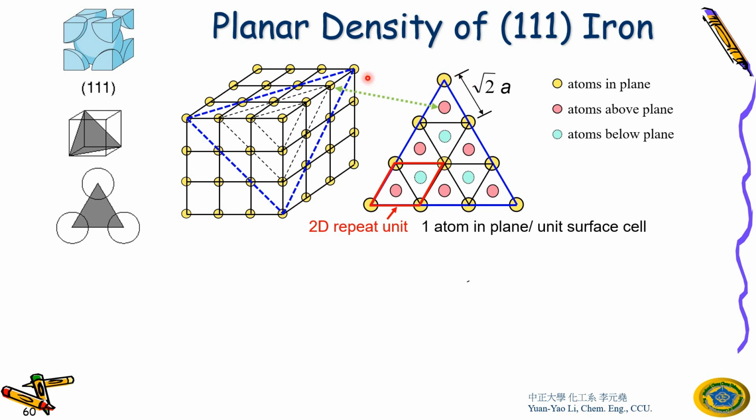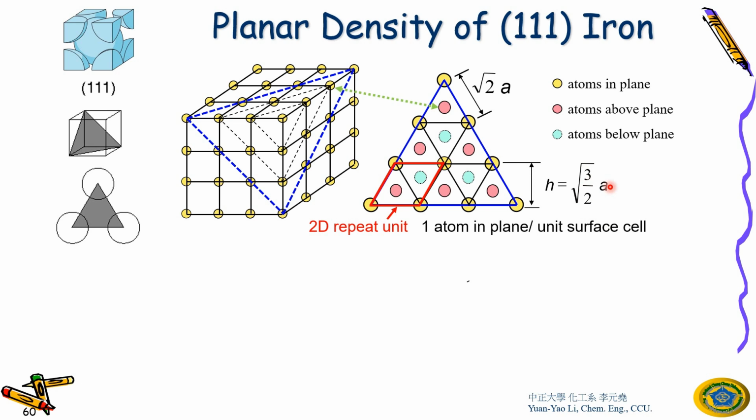And you know that this line is this line, which is root 2 times the length, right? Okay, and of course, if you know this, you will know this. Or if you know this, you will know this. Easy. So the height will be equal to root 3 divided by 2 a.